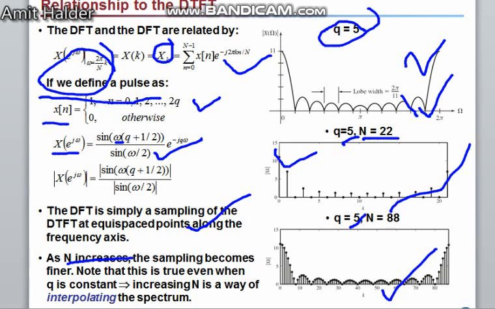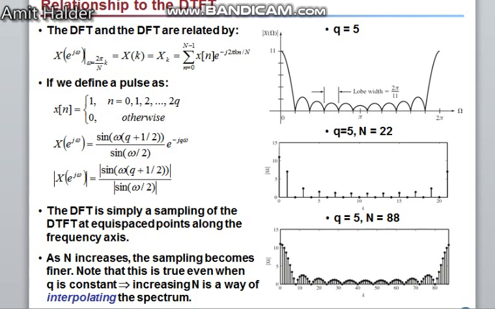Increasing N is a way of interpolating the spectrum. So that is the interpolation. Whenever you increase the number of samples, it converges and becomes much closer to the previous graph. So that is the basic theme of interpolation. That is the relationship between DTFT and DFT.